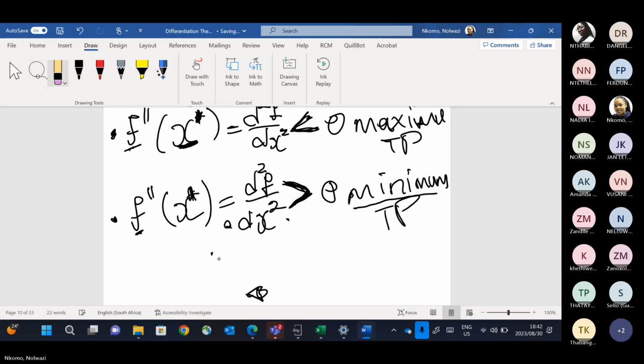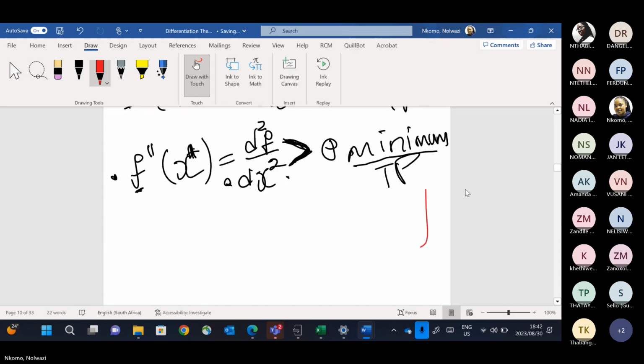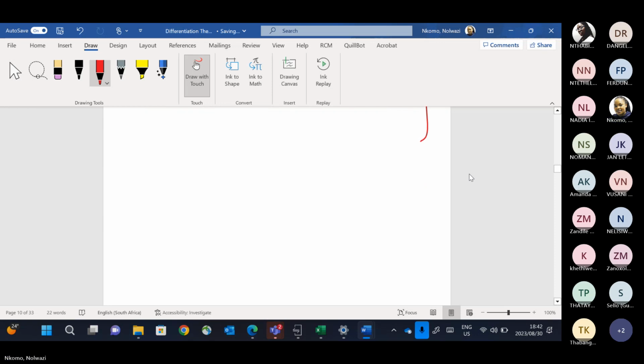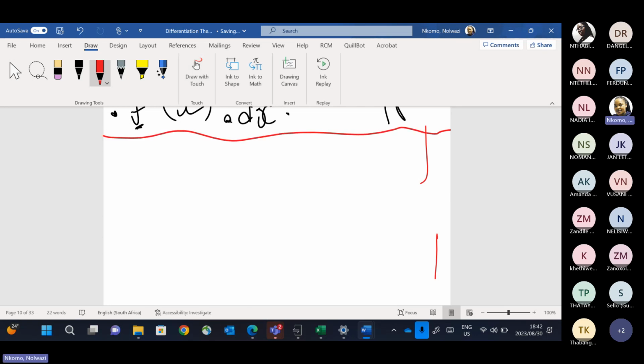Yes, please. Yes, let's do an example. Let's say we are given f(x) equals 200 minus 2 times (x minus 4) all squared, right?